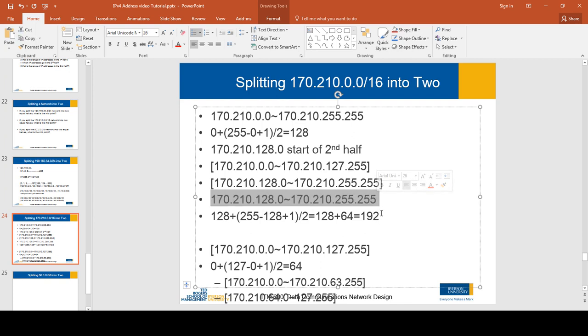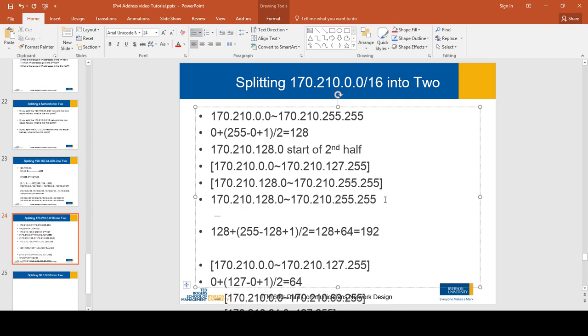Okay, so I'm going to put the first half range starts from the beginning, 170.210.128.0 and goes up to 170.210.